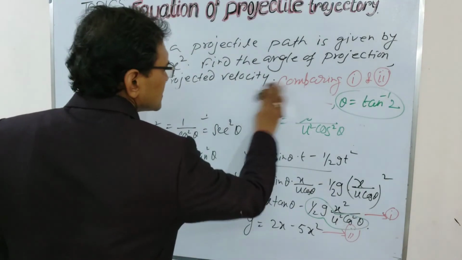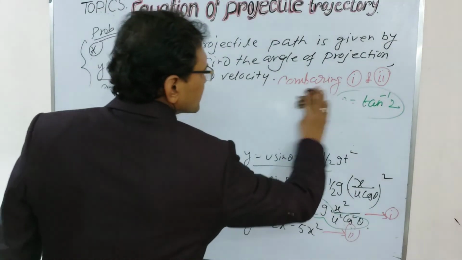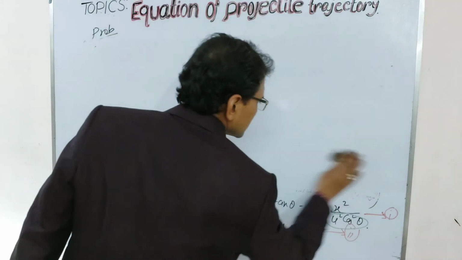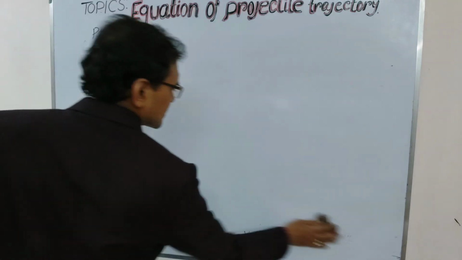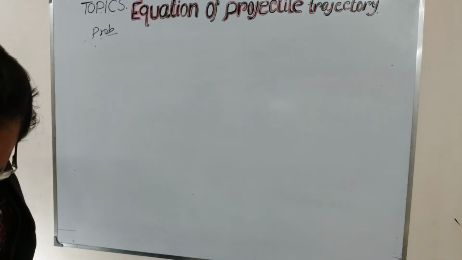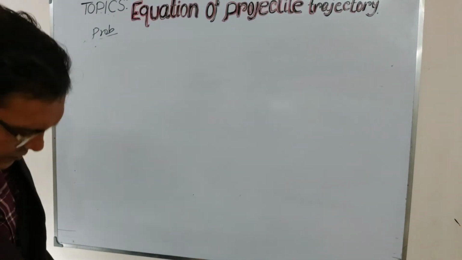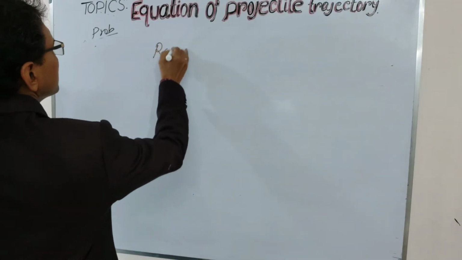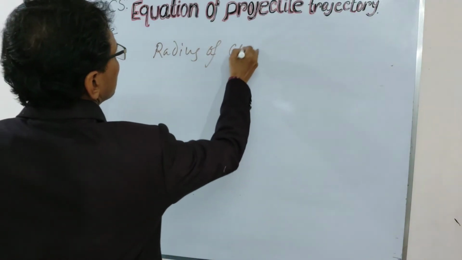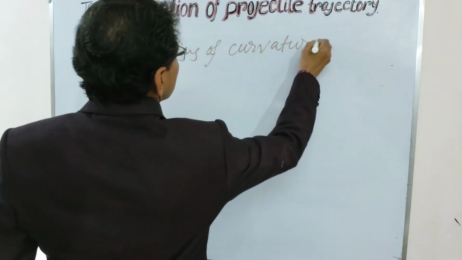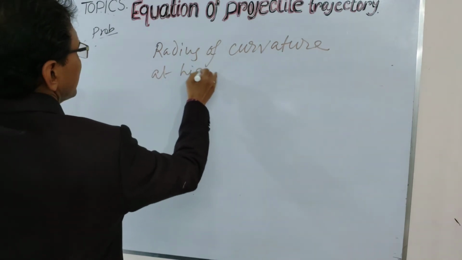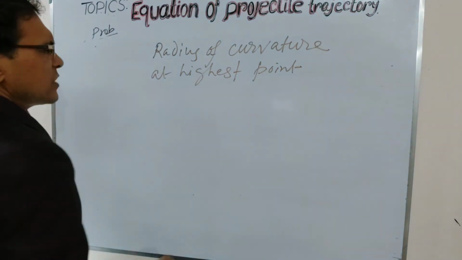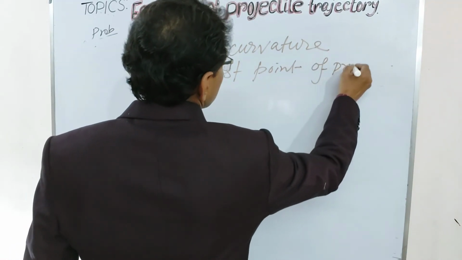Now one question related to this. What is the radius of curvature at the highest point of the projectile trajectory?